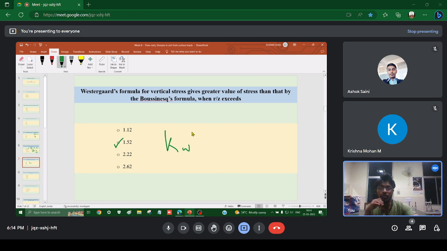It is only more than Kb after the R by Z value exceeds 1.52. Okay, good.